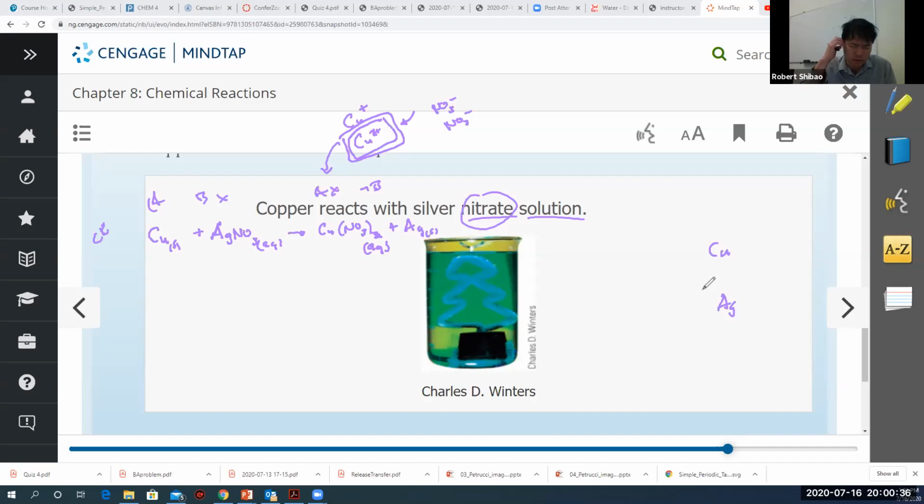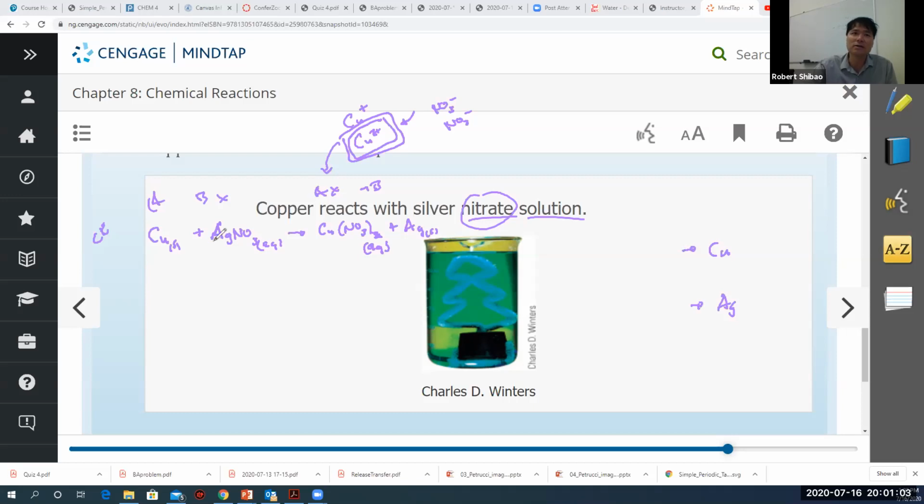So quarters retain their luster much longer than pennies do. Pennies, you'll see those become oxidized pretty quick. You'll have fresh pennies, but if you have a fresh quarter, it's got a nice luster, but eventually it will tarnish. Silver will tarnish, but at a much slower rate. And so silver is more stable. It's less active than copper.